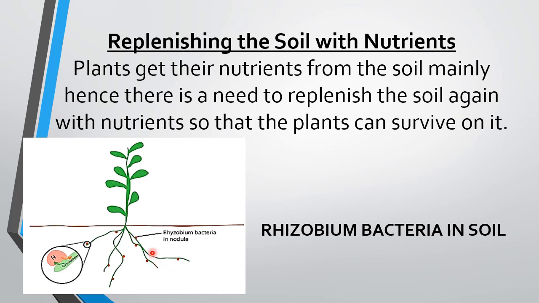It lives in the root nodules of legume plants such as gram, mung, etc. This bacterium absorbs nitrogen from the atmosphere and in return gets food and shelter. This is also one such example of symbiotic relationship.